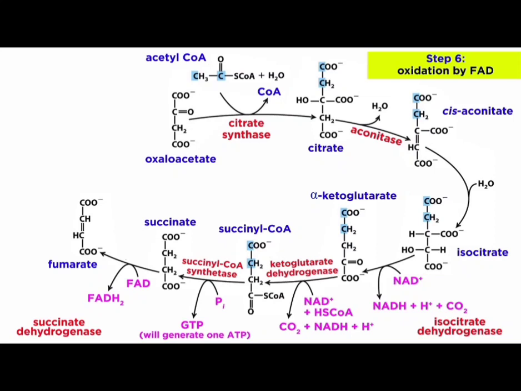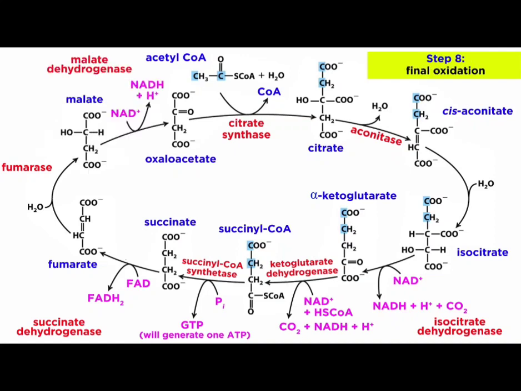Fumarate is a substrate for the enzyme fumarase. Fumarase adds a water molecule to the fumarate and produces malate. Now malate dehydrogenase utilizes the malate and produces oxaloacetate. Hydrogen is removed from the malate, and that hydrogen reduces another NAD+ to NADH.